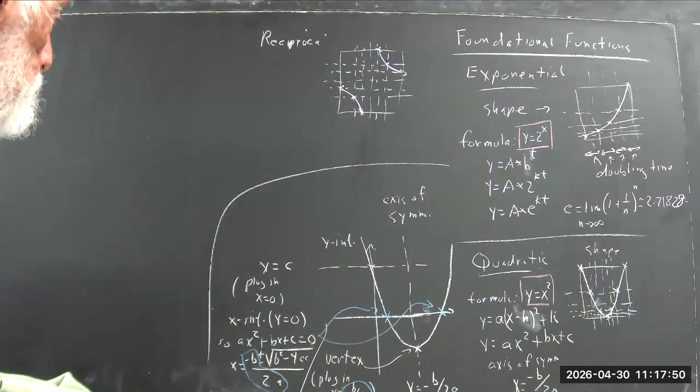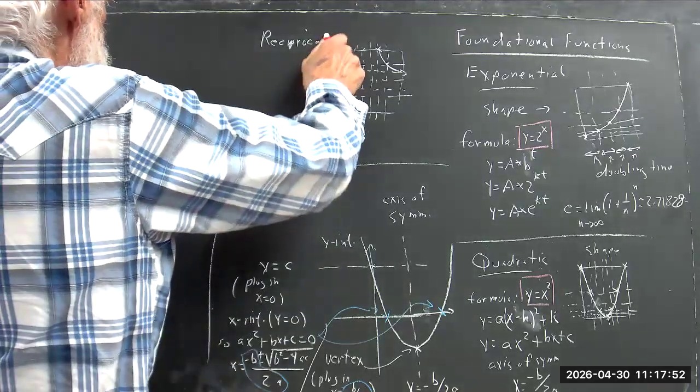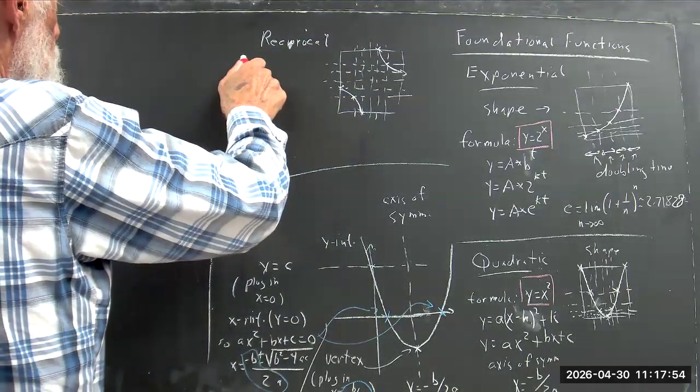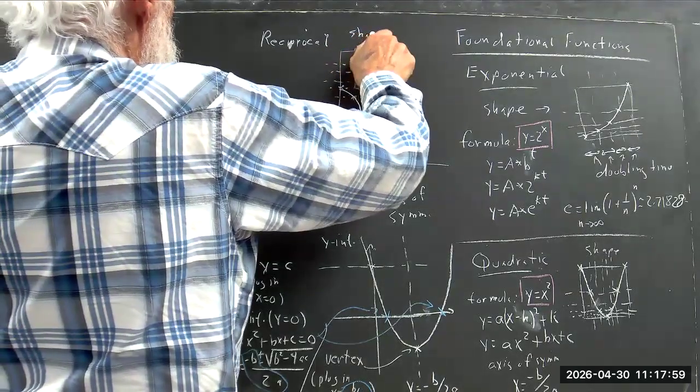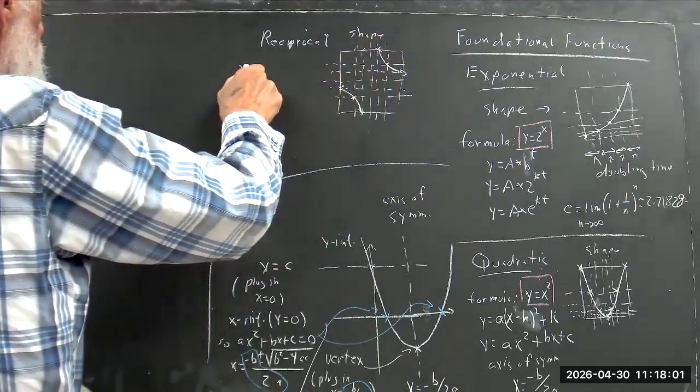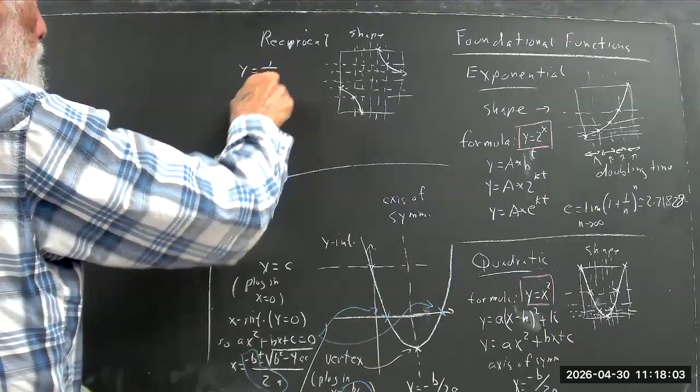There's your graph. The toolkit, and of course, this is a shape. Toolkit form is y equals 1 over x.